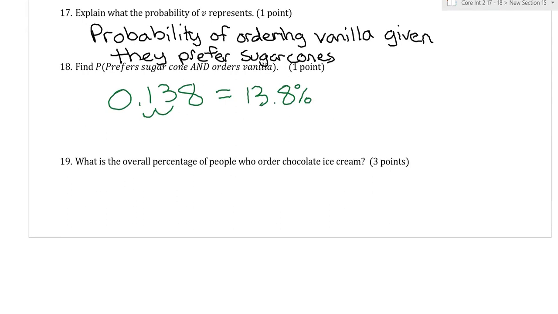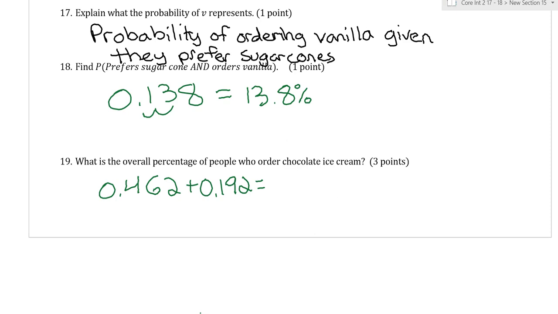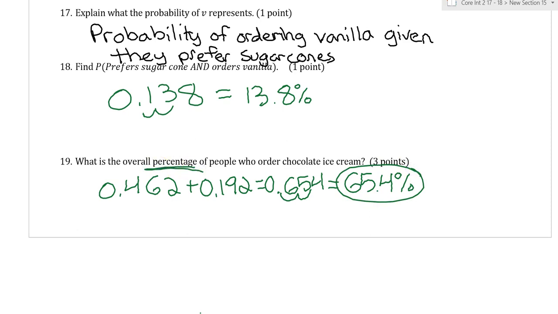I'm just going to add those together. 0.462 plus 0.192 is 0.654. Again, moving that decimal place twice, I get 65.4%. This is important because it does ask for the percentage. That is one of the points on the test.